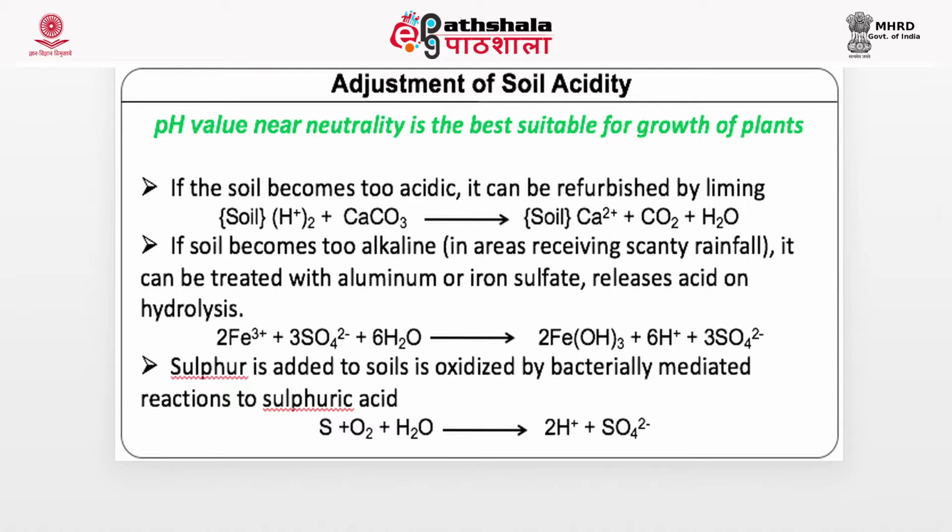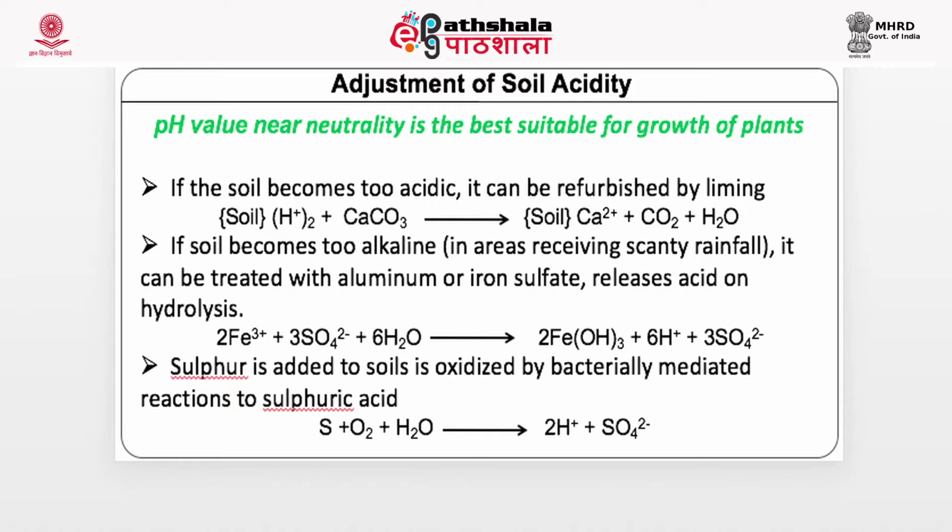Here I have shown you some examples. If the soil becomes too acidic, it can be refurbished by liming. You can see it from here. The hydrogen ion is replaced by calcium ion and you have soil which becomes greater in pH and moves towards basicity.